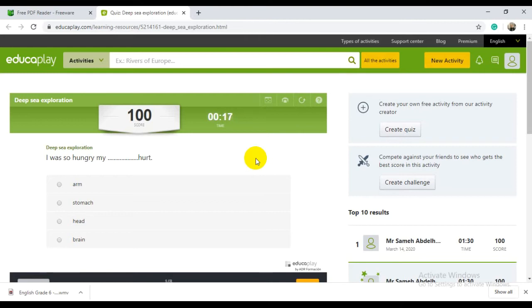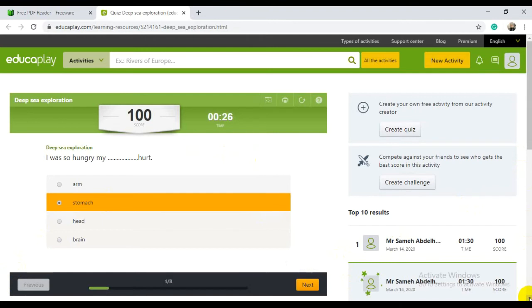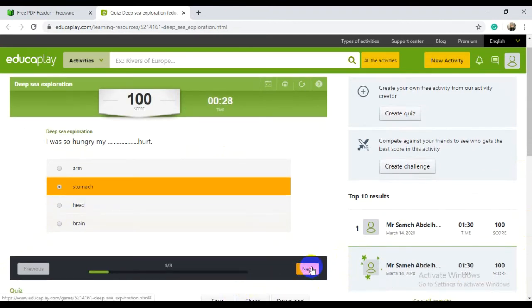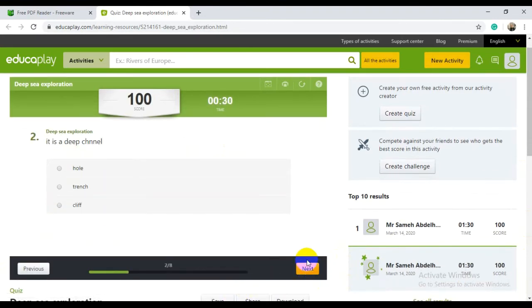As long as he's hungry, so it will be stomach. Right. Let's see another question. It's a deep channel. It will be trench. Yes.